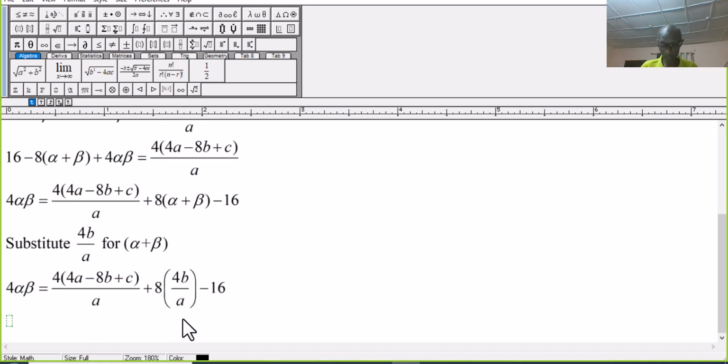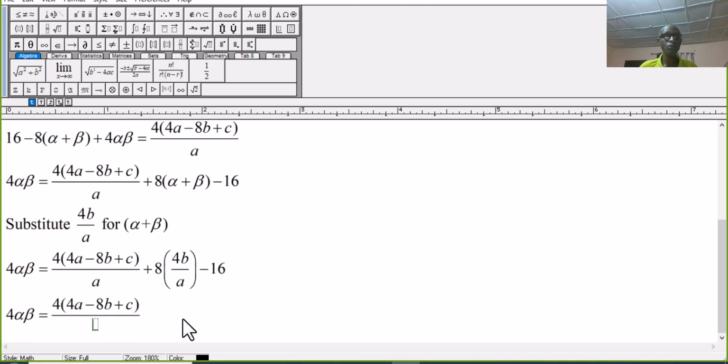So let's simplify this further. 4 alpha beta is equals to 4 into 4a minus 8b plus c, going into a single fraction. So we have 32b minus 32a.